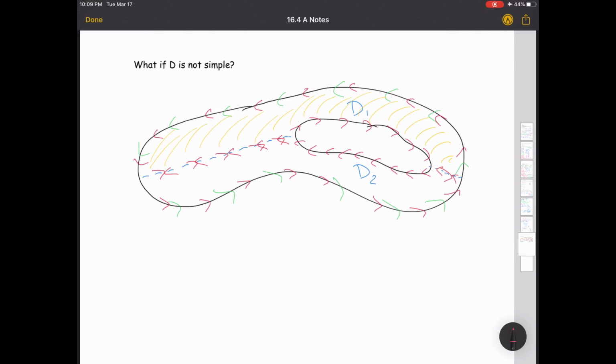So what all this means is that we get two simple closed regions.